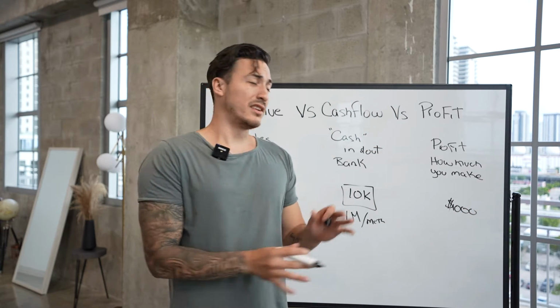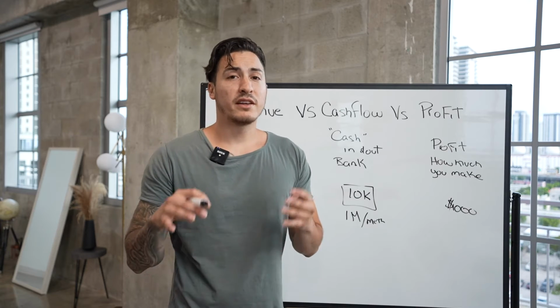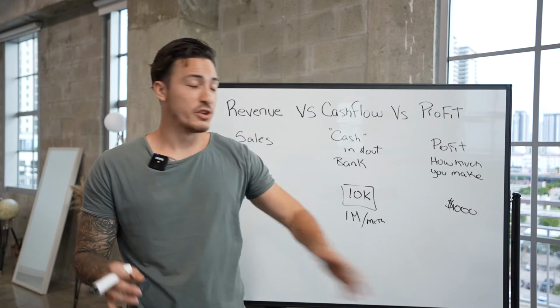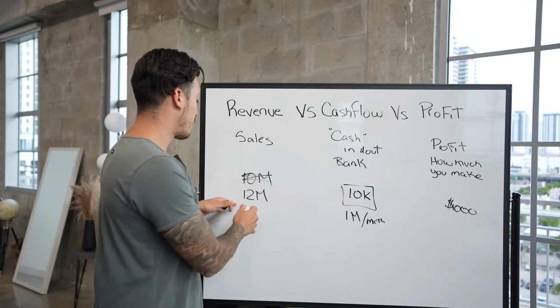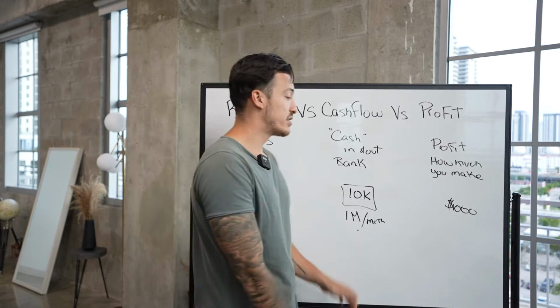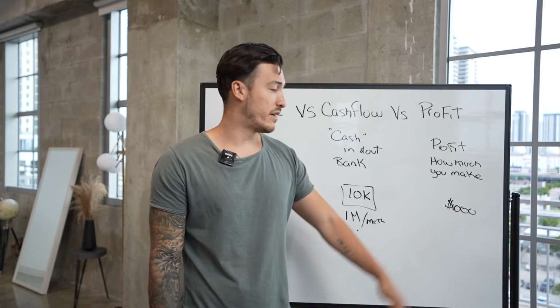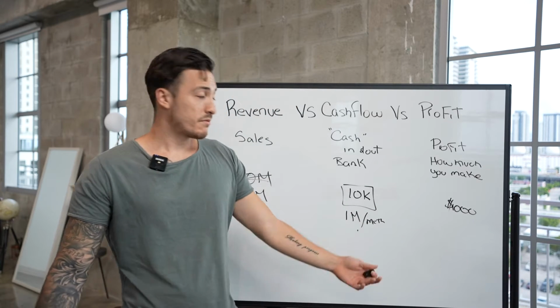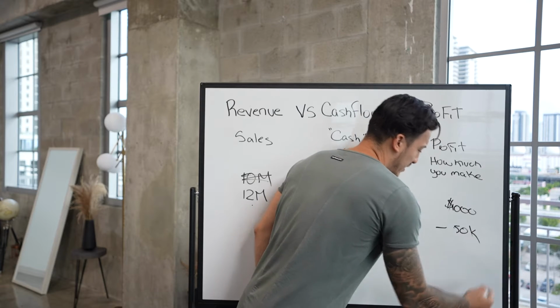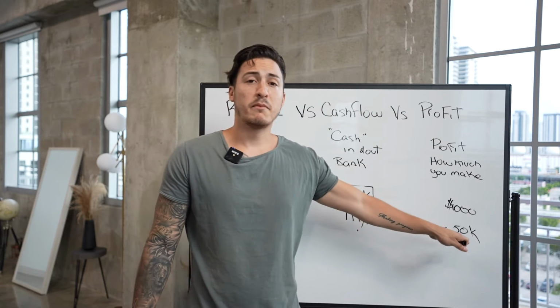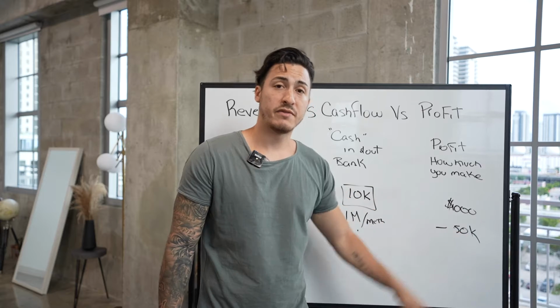And trust me, these numbers may seem like they're off, but they're really not. I mean, you could be negative for all you know on a company this big. So sales are good, cash flow is good, no profit. You have $1,000. Or even worse, let's just make this negative 50K, because you're not monitoring your profits.